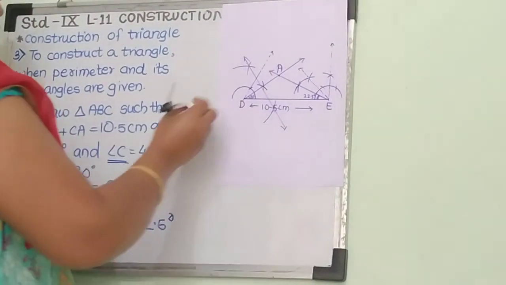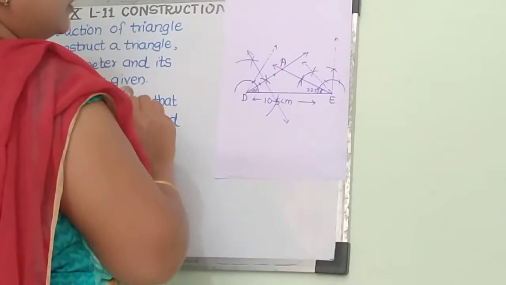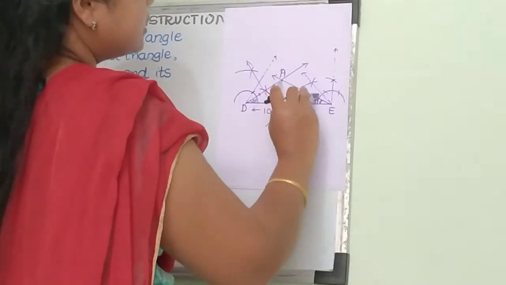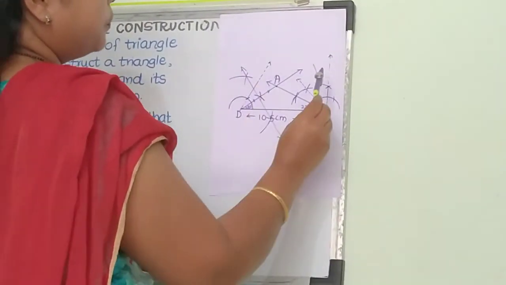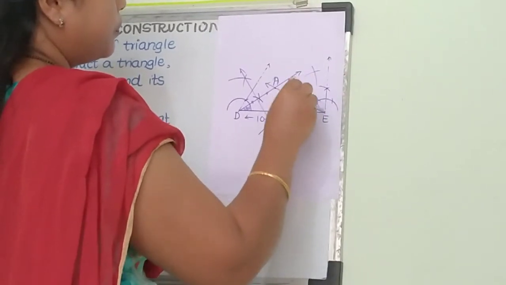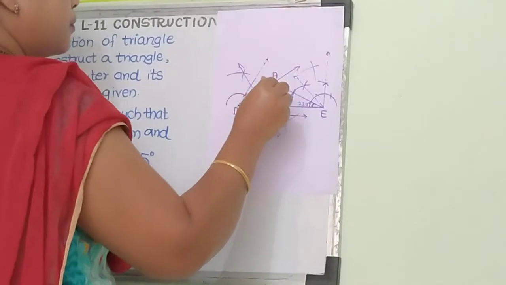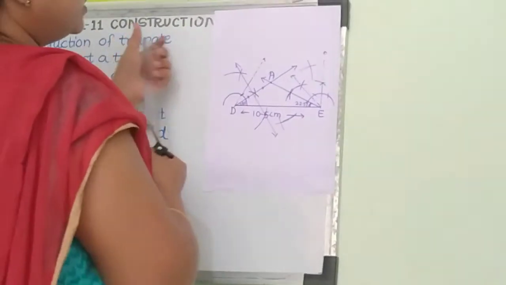Similarly we draw the perpendicular bisector of AE. For that again we take more than half distance in the compass and mark the arc on both sides, and join this.